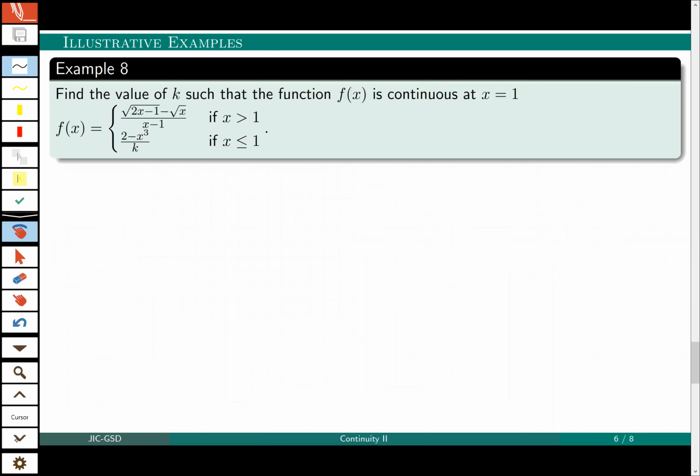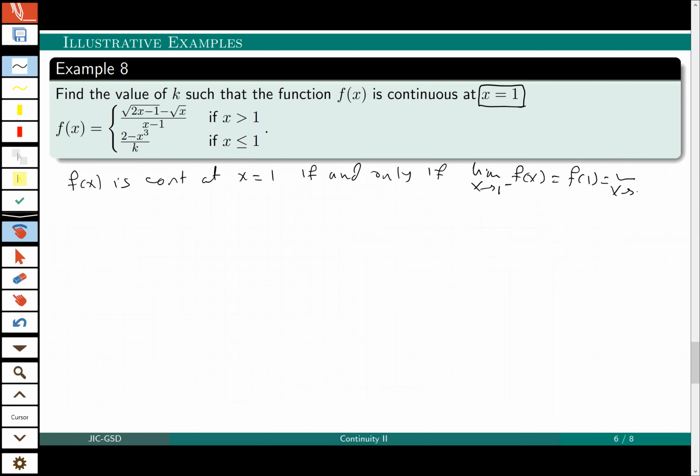Similarly here, he wants the function to be continuous at 1. So we should say f of x is continuous at x equal to 1 if and only if the limit when x goes to 1 from left should equal f at 1, which should equal the limit when x goes to 1 from right.